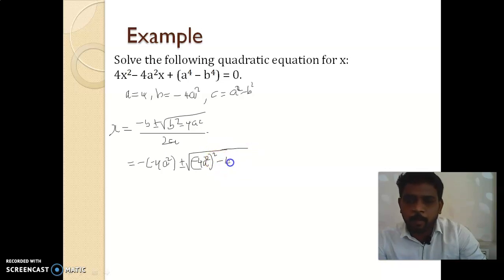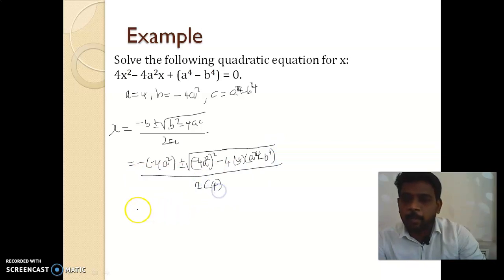So minus 4, and a is nothing but 4, and c is a square minus b square, so a power 4, b power 4, and whole divided by 2a, that is 2 into 4. Now I have just substituted the a value, b value and c value.